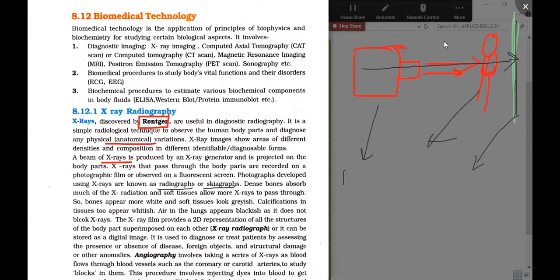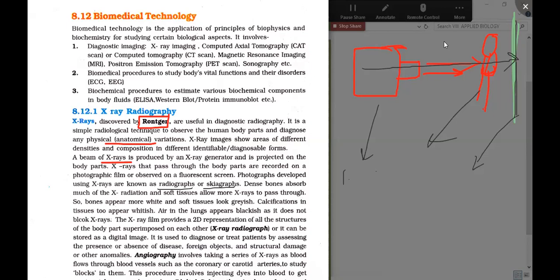We have to classify in our body: when X-rays are passing through, some body parts allow the X-rays to go through, but some body tissues absorb the X-rays and don't allow them to go through. Then some allow a little amount of X-rays to pass through them. Okay, in that way, you have to remember 3 points.